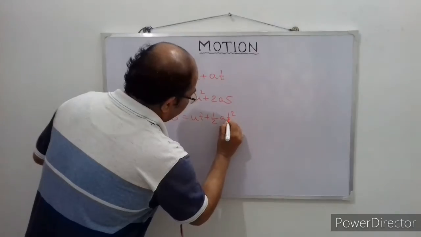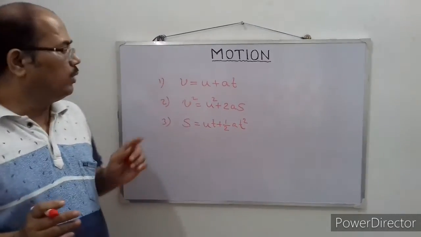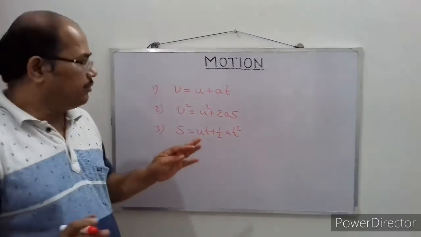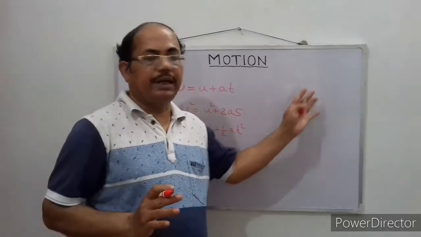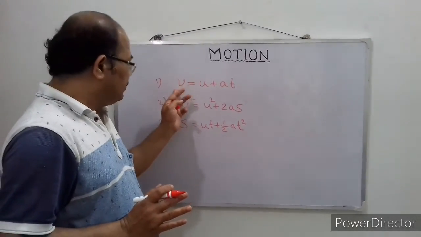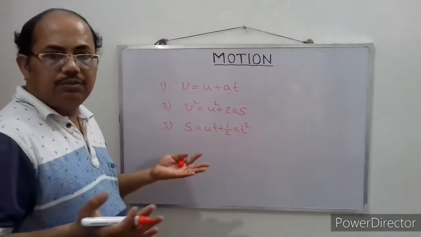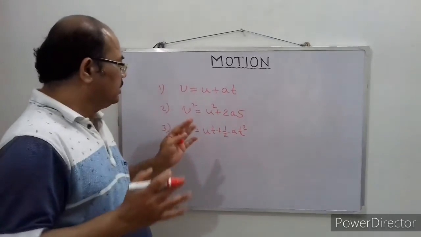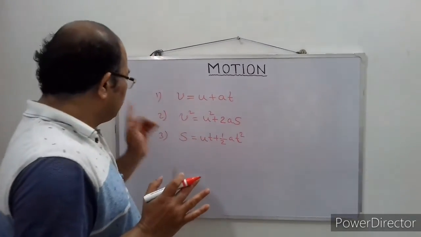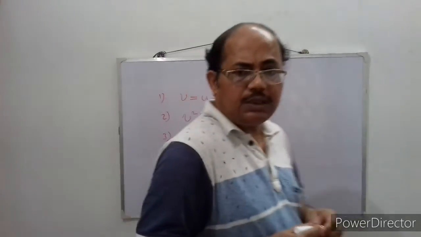These are the three very important equations for rectilinear motion when a body is going on a plane surface, that means in a two-dimensional plane. Then we can find out the value of v, u, a, t or s, whichever is not given, when the others are given. Okay, so that is up to now.